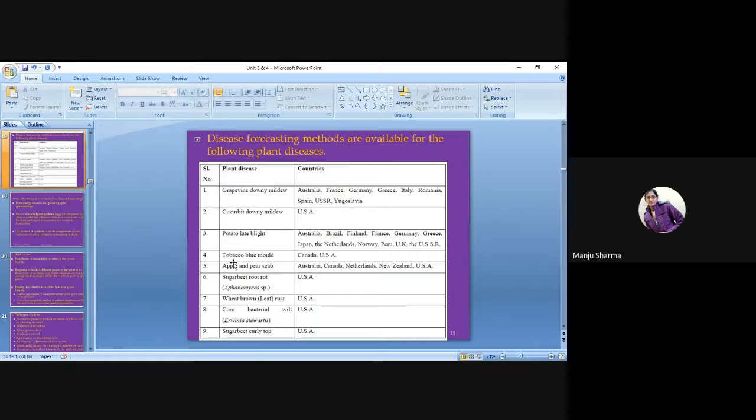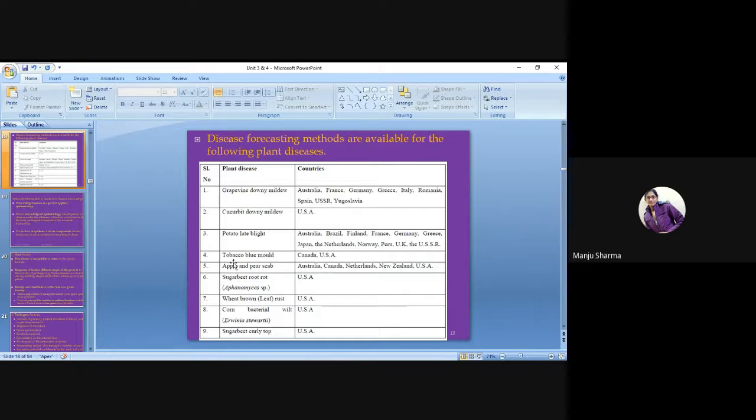Disease forecasting methods are available for several plant diseases. First are the plant diseases and countries. Grapevine downy mildew disease in Australia, France, Germany, Greece, Italy, Romania, Spain, USSR and Yugoslavia.